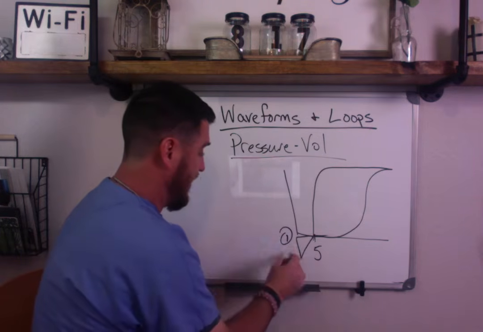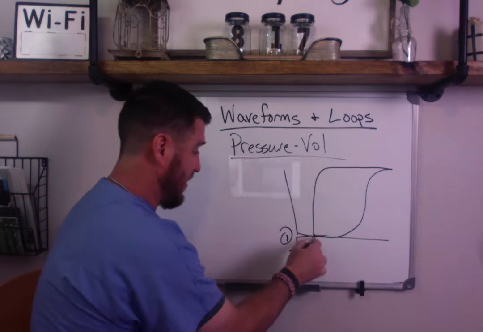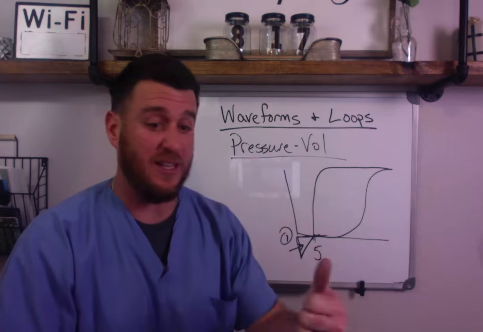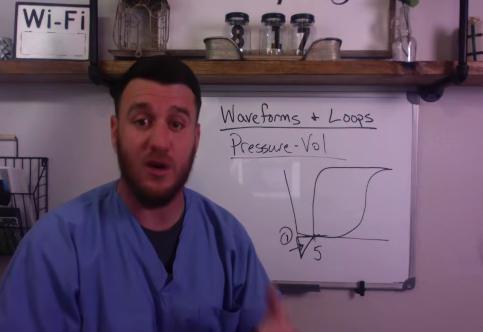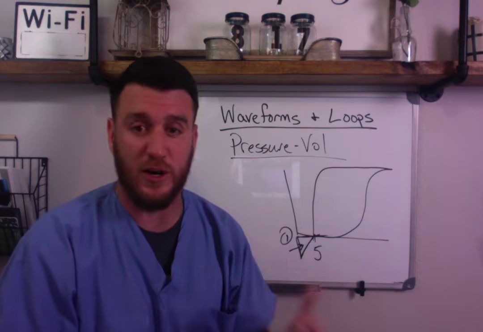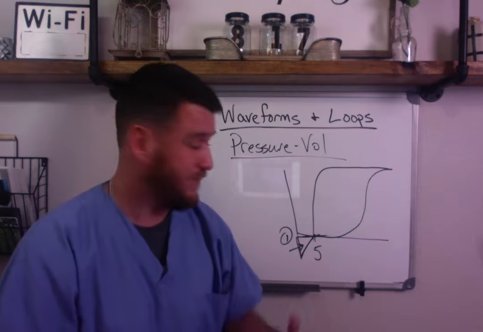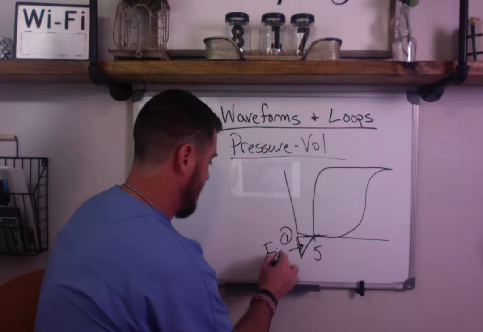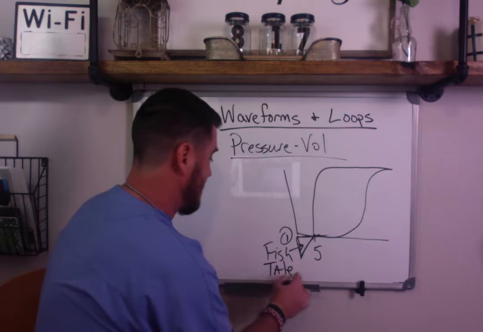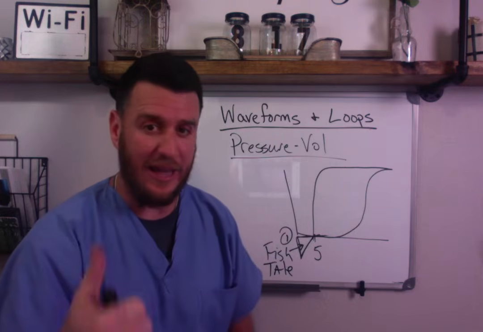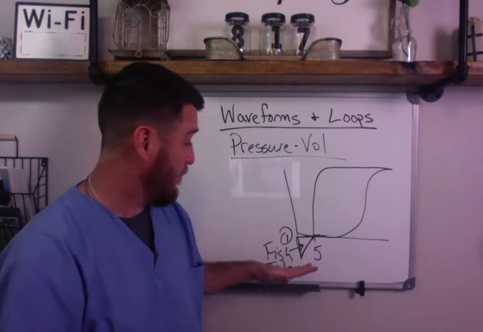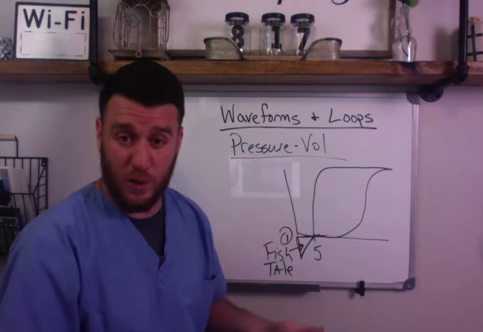Number 1, if you see a fishtail, something like this, then it could be an indication of your patient having an increased work of breathing or struggling to trigger the vent. Okay? That's what the fishtail tells you. Okay, so this is the fishtail. You need to assess your sensitivity and you need to assess if your patient is flow hungry or not, because those things will impose and cause your patient to have an increased work of breathing.